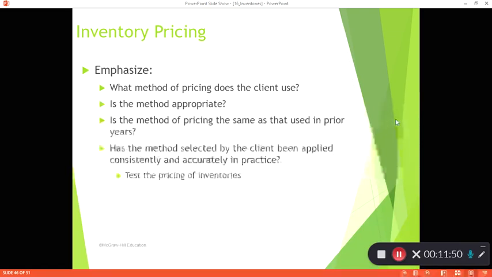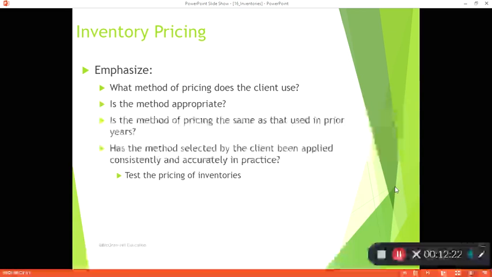If they changed it, then obviously that's a whole other set of procedures as far as making sure that that change was done correctly, and making sure that it wasn't done in an opportunistic way. Right? Did they change just to get a different effect on the income statement, for example? Because if you change the method, then you can change the cost of goods sold and thereby change the earnings. And you can do some testing to make sure that it was actually done appropriately.